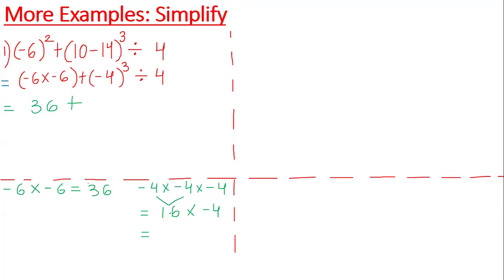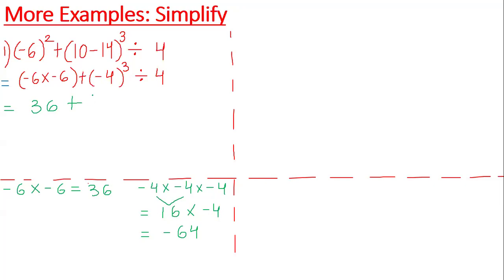Negative 64, because we use the multiplication opposite operation rules. So if you have a positive 16 times a negative 4, that's going to be a negative 64.